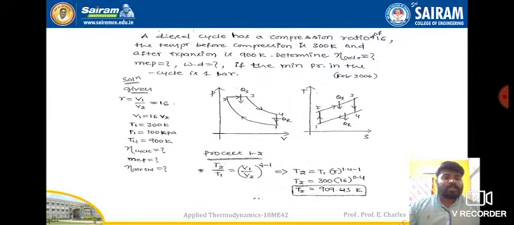Among all 4 states, where do we come across the minimum pressure? The first point, which is atmospheric pressure. In the first point only we get the least pressure and least temperature. So that's why we take 1 bar as P1. So P1 is equal to 1 bar pressure, which is nothing but the atmospheric pressure.